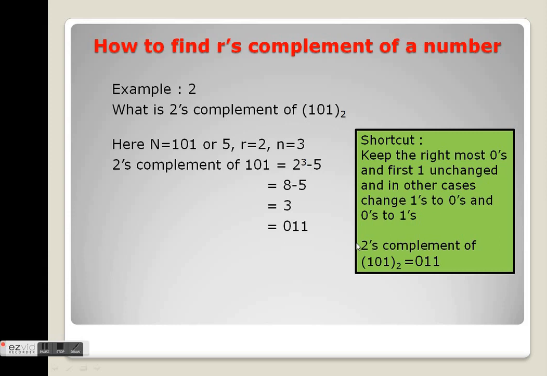We do not have zeros on the right-hand side here. Our first digit on the right-hand side is 1, and according to the rule we will keep the first one unchanged, and after that we will change zeros to ones and ones to zeros, so we will get 011 in the result, which is the two's complement of the number 101.